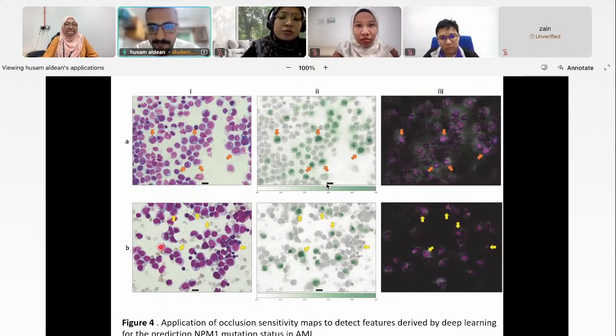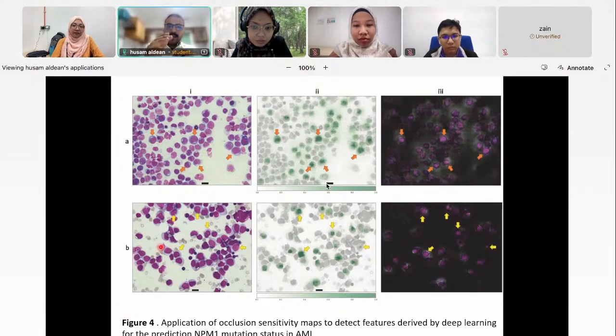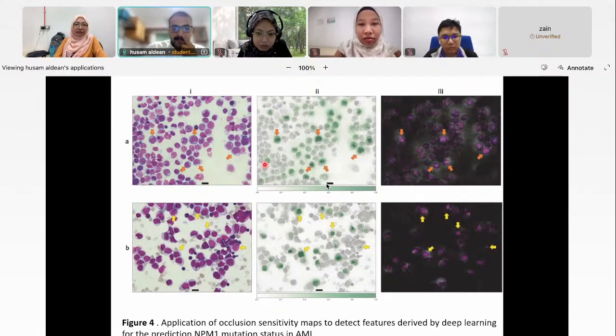So now in A here, we have the orange row, which represents the cells classified by the model as having NPM1 mutation. Okay, and they applied occlusion heat maps here to detect the cells focused on by the model.